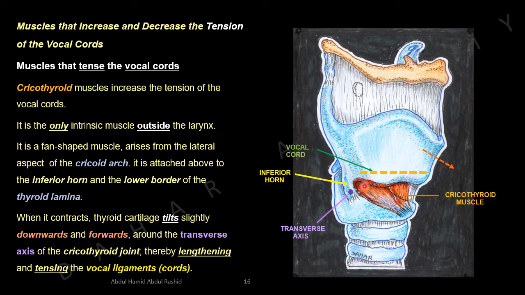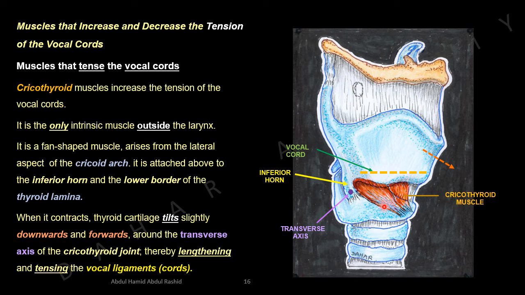You can see here, it is attached to the lateral part of the arch of the cricoid cartilage, and above it is attached to the inferior horns and inferior border of the thyroid cartilage.